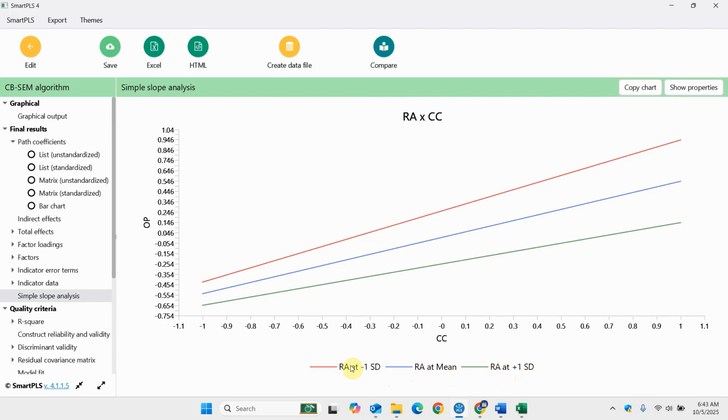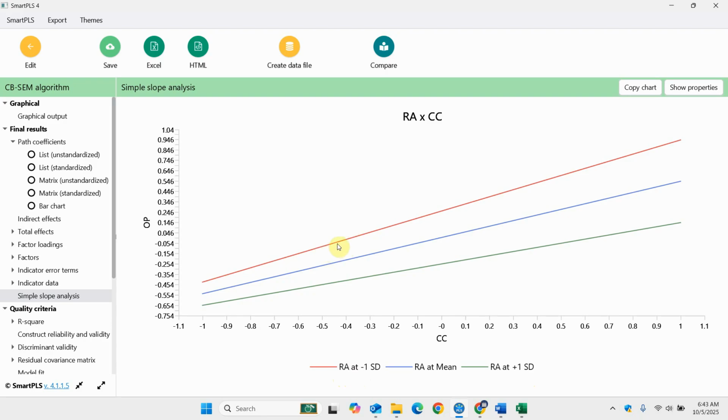What this means is: what happens to the relationship between collaborative culture and organizational performance at low role ambiguity? What happens at the normal average level of role ambiguity? And what happens at a higher level of role ambiguity?